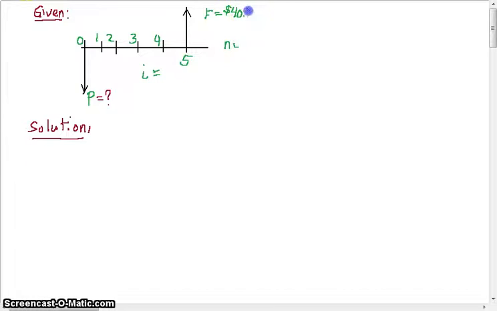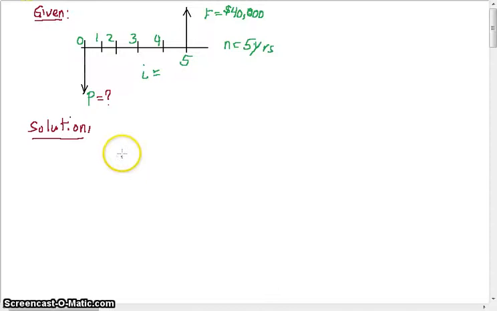We want a $40,000 purchase, and that's in 5 years. Sorry for the pen problem. So that's in 5 years. So we need to find out how much do we need to put in today to have this $40,000 in 5 years. Okay, and this is pretty simple to do by using the formula.